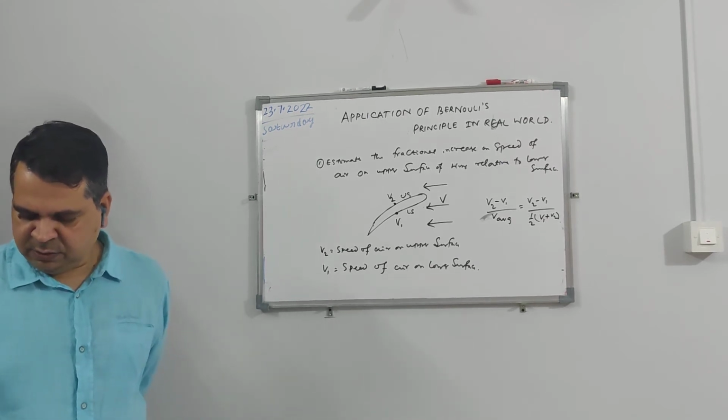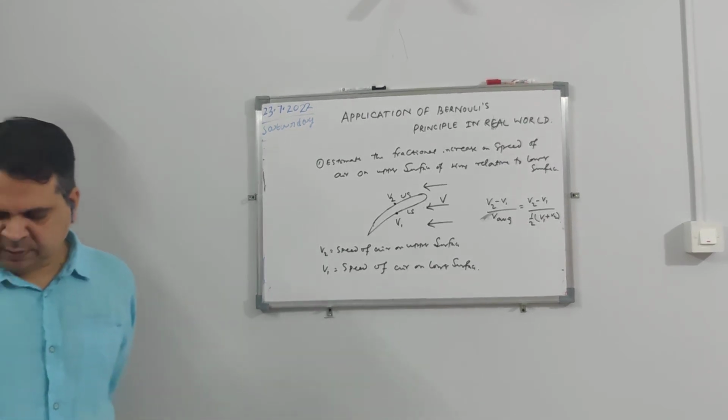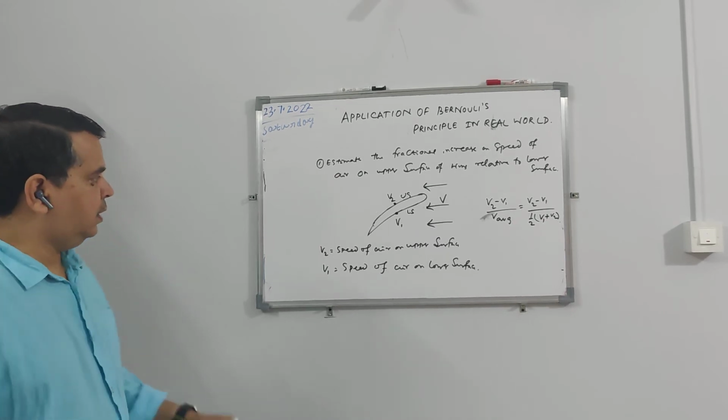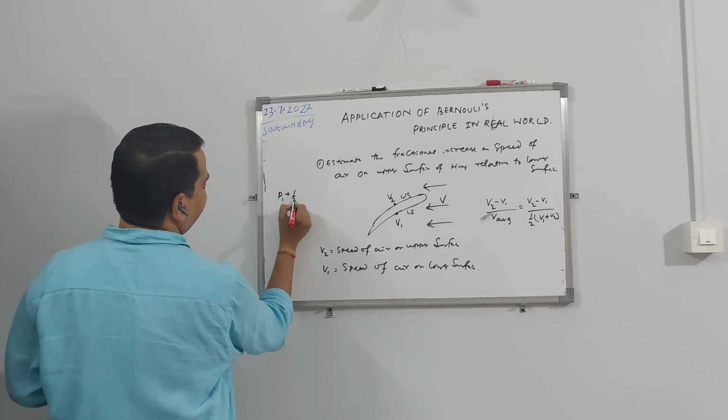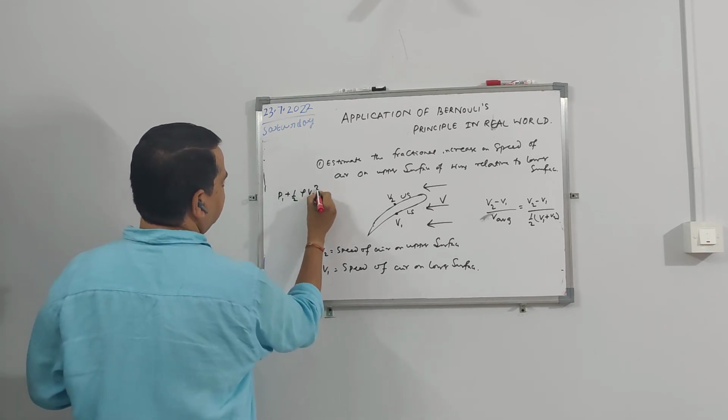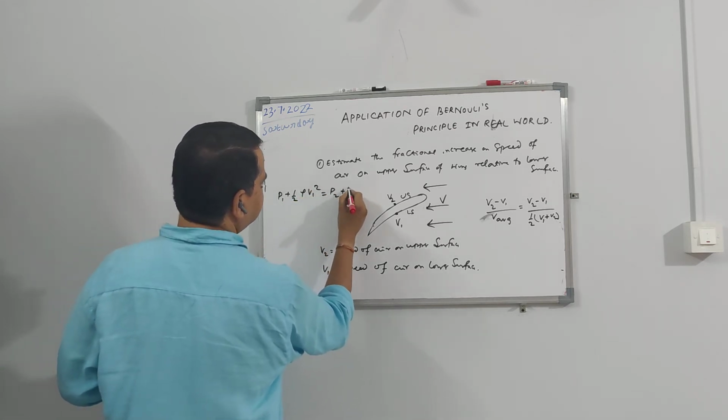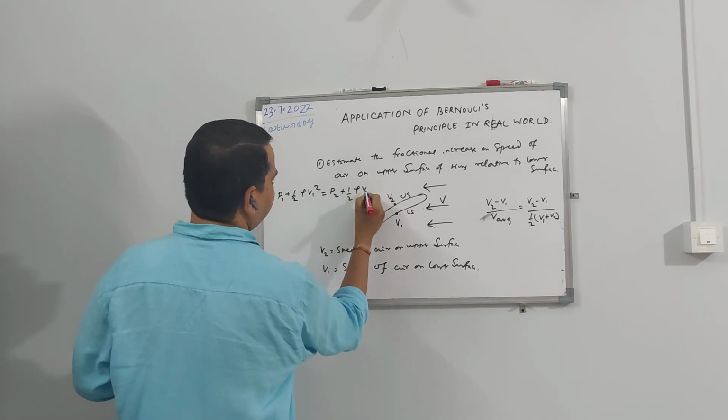We have written the equation: P1 plus half rho V1 square is equal to P2 plus half rho V2 square.